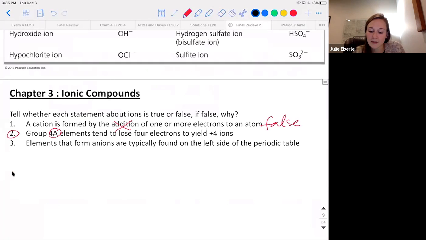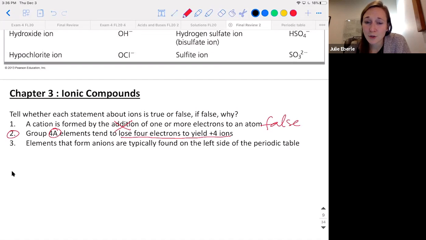So group 4A elements tend to lose, they have 4 valence electrons. Do they tend to lose 4 electrons to yield +4 ions? True or false? What do you think? The one thing about group 4, we actually don't see them a lot in ionic compounds. They are all over covalently bonded compounds. But gaining 4 or losing 4, there's not a shortcut either way.